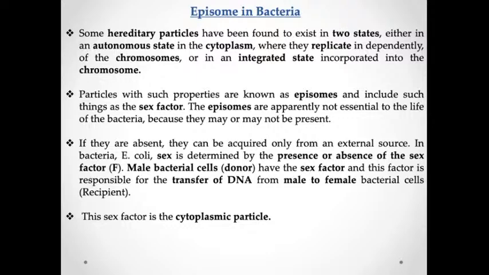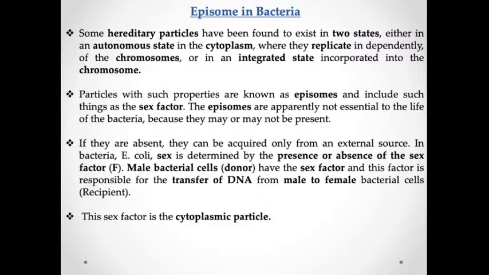Episomes are apparently not essential to the life of the bacteria because they may or may not be present. If they are absent, they may be acquired only from an external source. In bacteria, E. coli, sex is determined by the presence or absence of these sex factors F. Male bacteria have the sex factor, and this factor is responsible for the transfer of DNA from male to female bacterial parts.